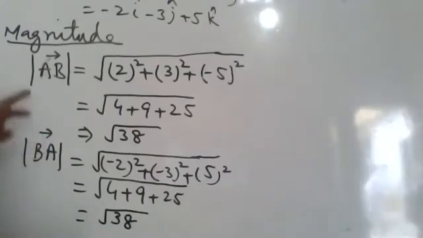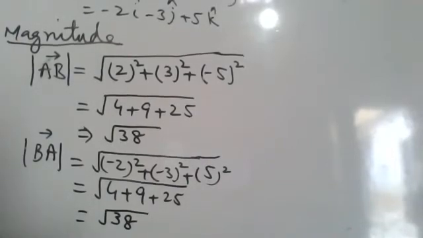Both have the same magnitude because they are opposite vectors. They have the same magnitude but are opposite in direction only. This is positive, this is negative. In this way we will find the magnitude of the vector AB and the vector BA.